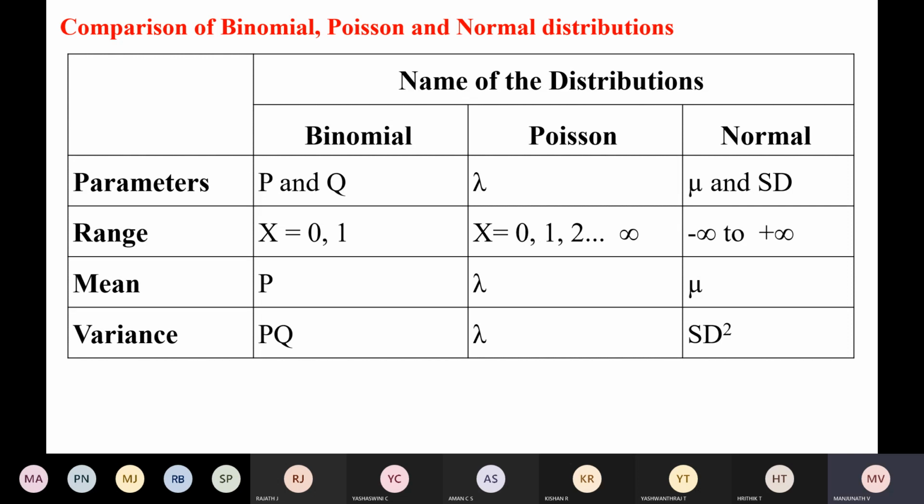I said that read the textbook. Levin and Rubin, Statistics for Managers, McGraw-Hill publications, and there you will come to know more information about right tail and left tail of normal distribution. Okay, it's available in the library.